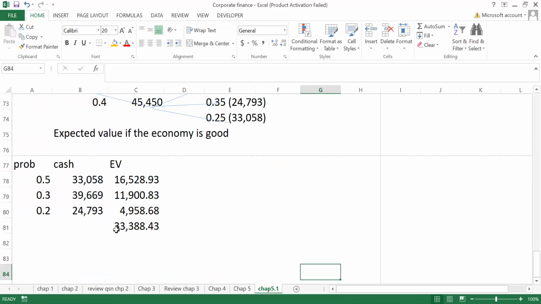This is the total expected cash flows if the economy was good in the second year. So what will be the total expected value if the economy is good? It will be the cash flows in the second year, isn't it, times the probability of the first year times the second, because this is like a conditional probability.